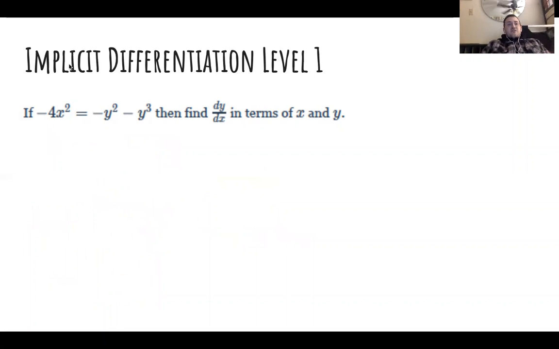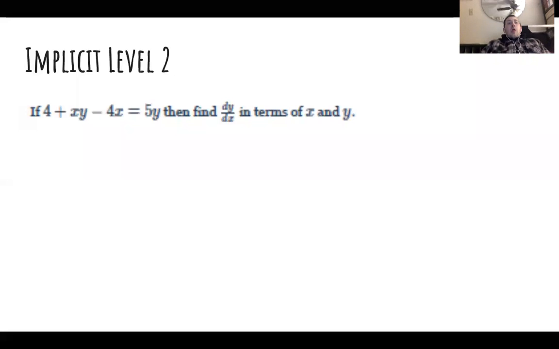All right, now let's go to level 2. Now, on this one, it's level 2 because we do have an element of a product rule on this one. My advice is to just do this. So my f is x, my f prime is going to be 1.